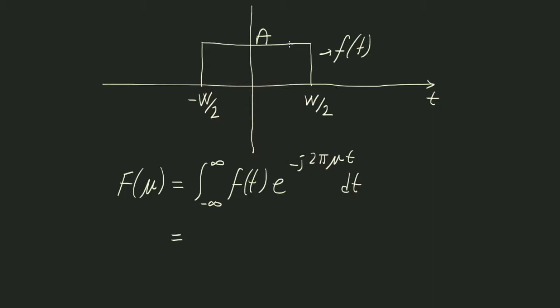Since this function only has non-zero values between minus w over 2 and plus w over 2, this integration will change to the integral from minus w over 2 to plus w over 2. And now instead of f of t, we have a times e to the minus j 2 pi mu t dt.